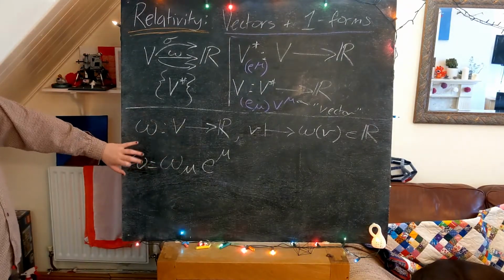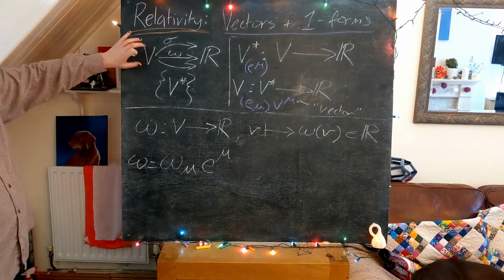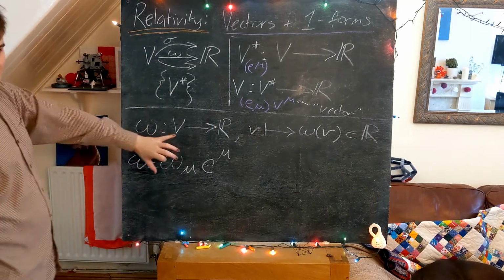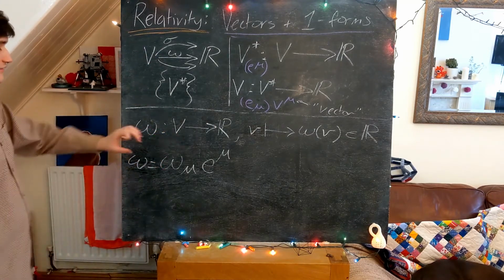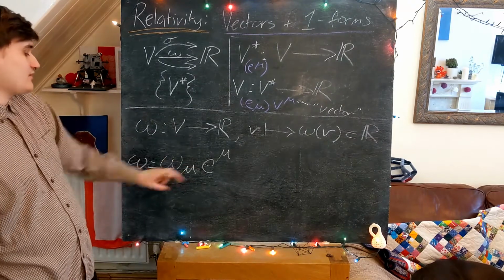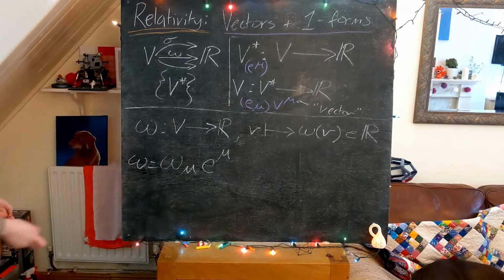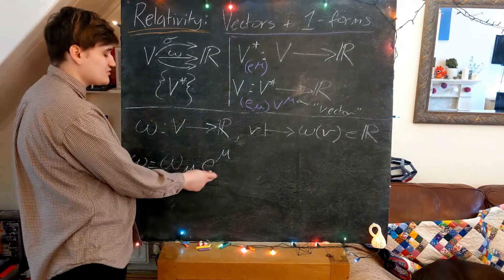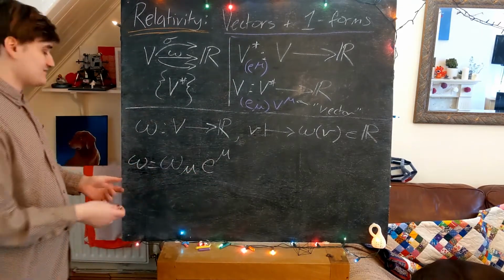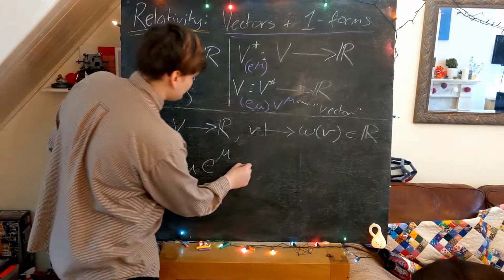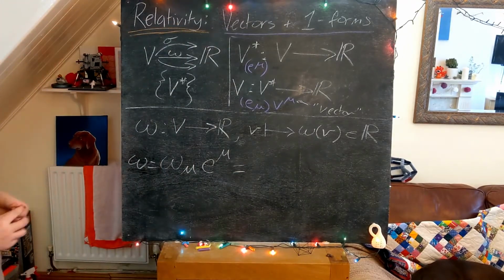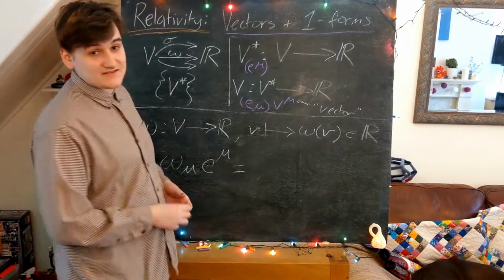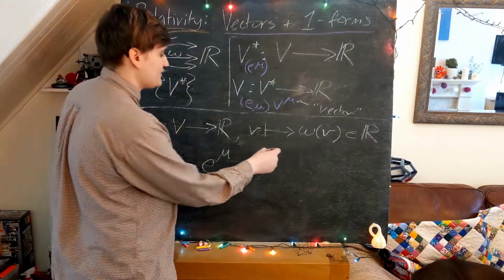As an object, this omega is a more abstract kind of linear map, but we can give it a concrete representation using components. And this representation gets even more concrete when we choose a particular basis, known as the coordinate basis. I introduced you to the vector coordinate basis in the last video.